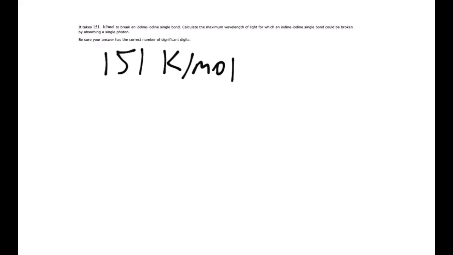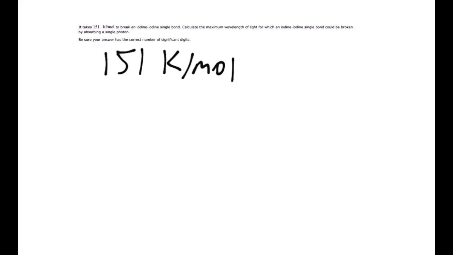Okay, so in order to answer this problem, the first thing we have to ask ourselves is, we have to translate kilojoules per mole into joules, and we have to also account for the number of moles. Because we don't want a mole of iodine-iodine bonds, we want a single iodine-iodine bond, because that's what they asked us about.